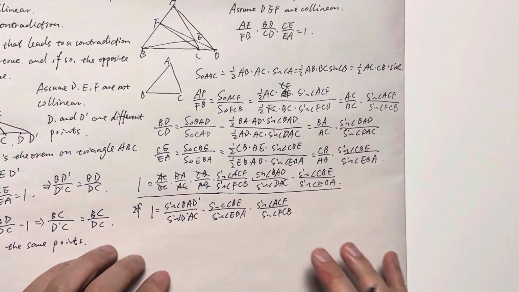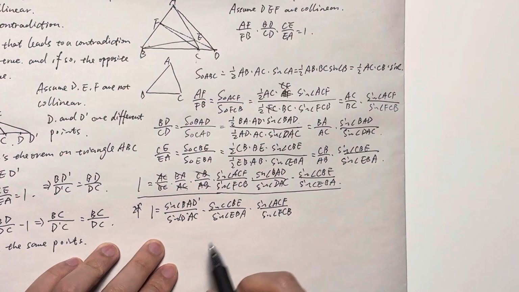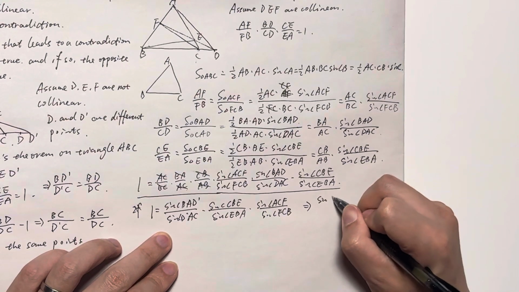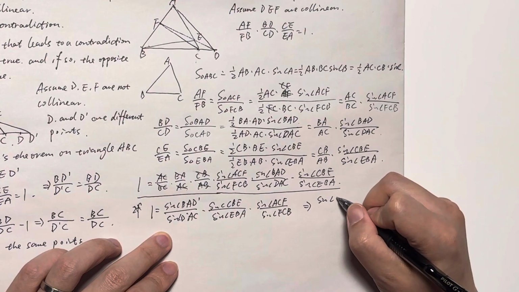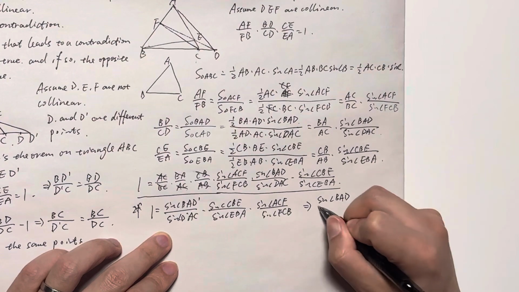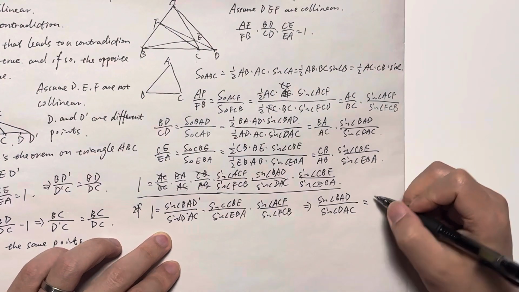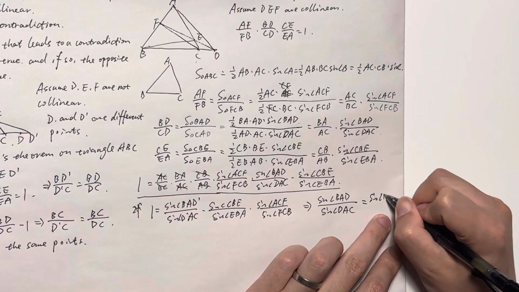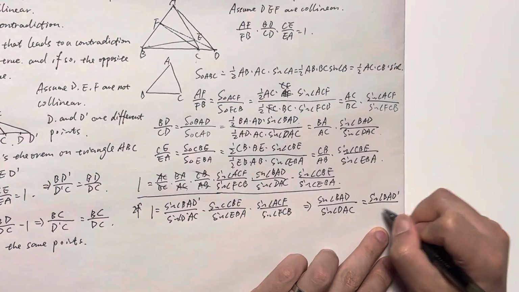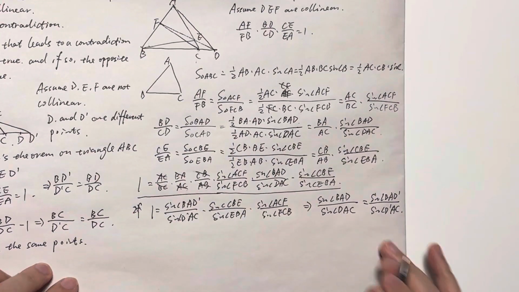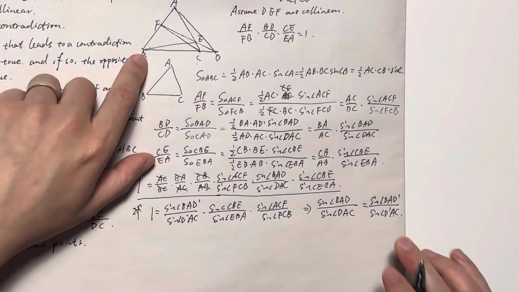Right, all other terms are the same, just this term. That means we have sine angle BAD divided by sine angle DAC equals sine angle BAD prime divided by sine angle D prime AC. Right? So let's simplify this.